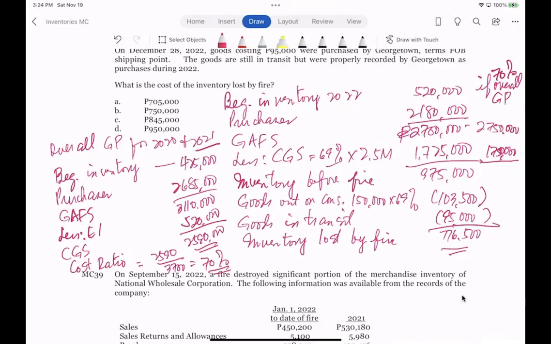Therefore, we have inventory before fire of 1 million. Then your 150,000 will be multiplied by 70%. Instead of using 69, you are to use 105. And then goods in transit is 95. So 1 million minus 105 minus 95.